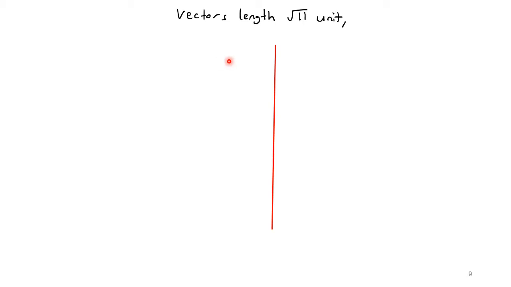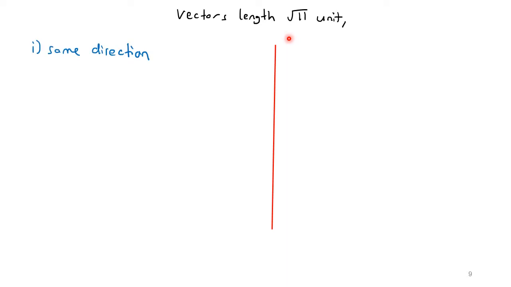The question asks for all vectors of length 11. Does it mean same direction or just in general? If the question just mentions vectors of length root 11 in general, it means that we have to consider two possibilities.